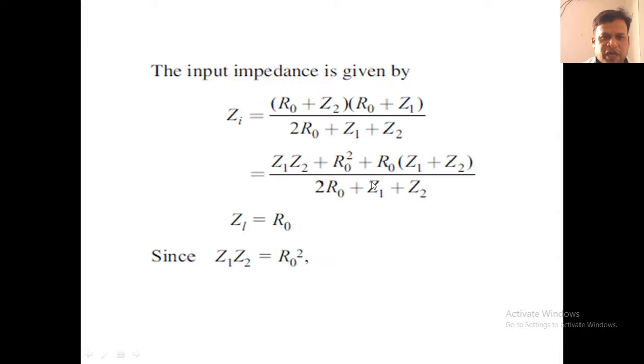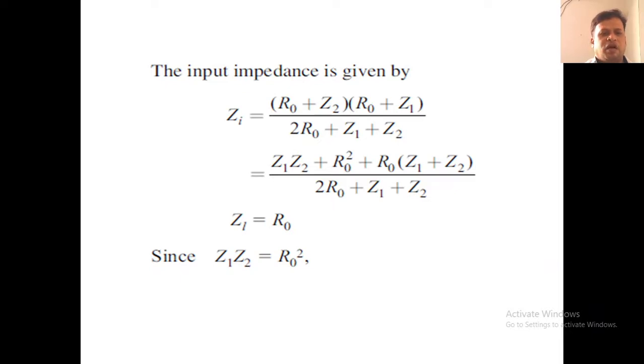Here you can see clearly R0 plus Z2 is one series arrangement, R0 plus Z1 is one series arrangement, divided by 2 R0 plus Z1 plus Z2, the other series arrangement, that is R1 plus R2. So, we have in parallel connection R1 R2 by R1 plus R2, the same thing we are writing here, and that is Z1 Z2 plus R0 square plus R0 into Z1 plus Z2 divided by 2 R0 plus Z1 plus Z2, which is nothing but your combination of the series and parallel.